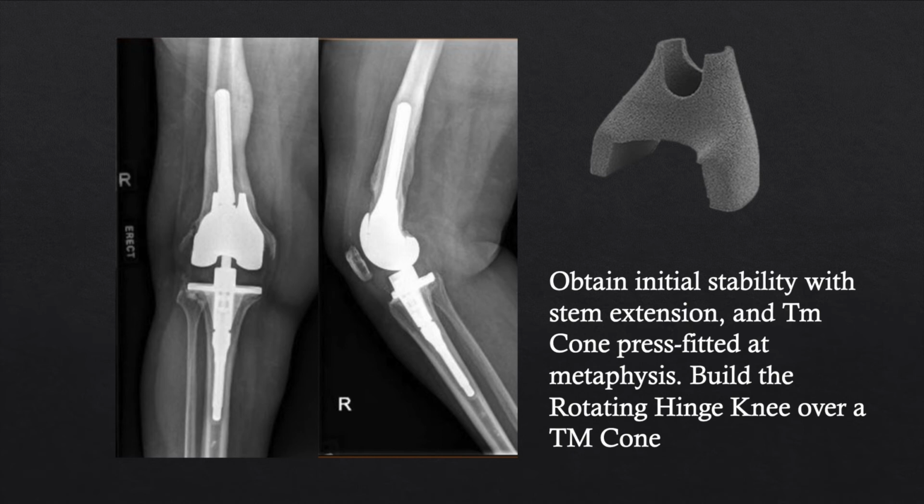So you handle both initial stability, adequate zonal fixation, and manage the soft tissue stability this way by building up the bone loss using a replacement system on a hyperporous structural support.